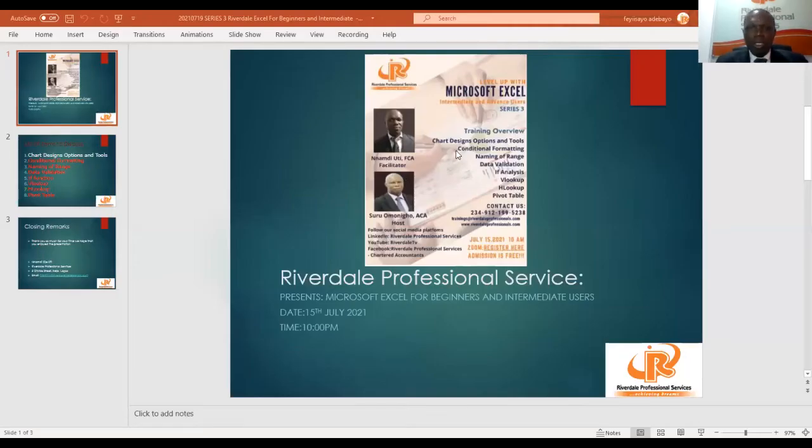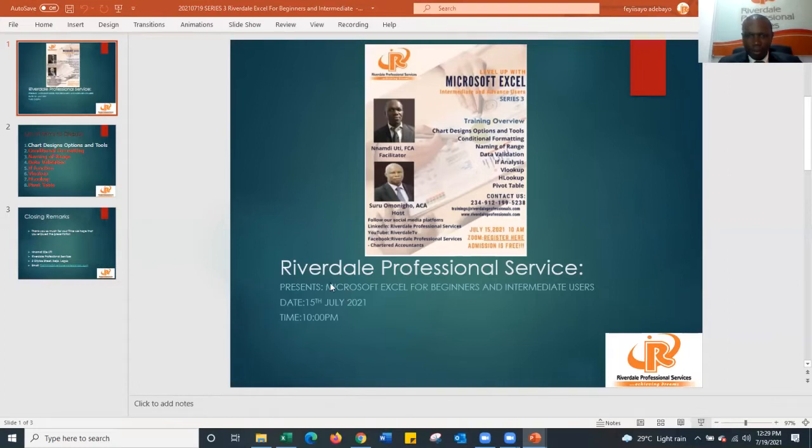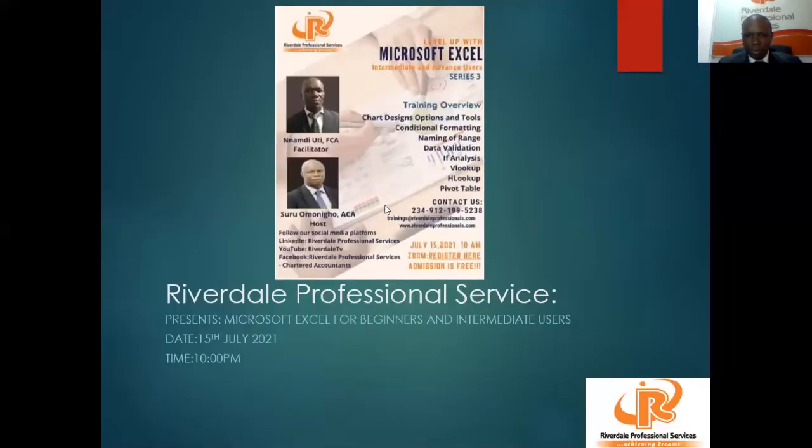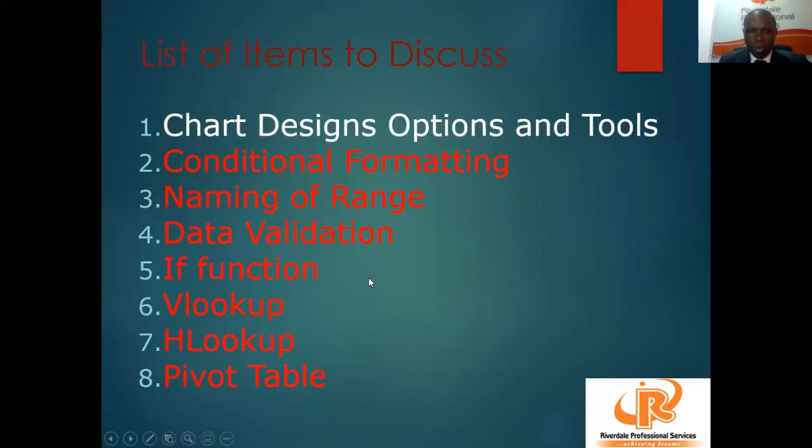So today's session is known as Microsoft Excel for beginners and intermediate users, and these are the topics: conditional formatting, naming of range, data validation, if function, VLOOKUP and HLOOKUP, and pivot table.